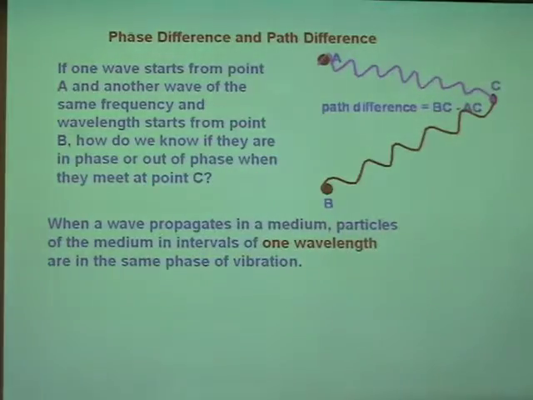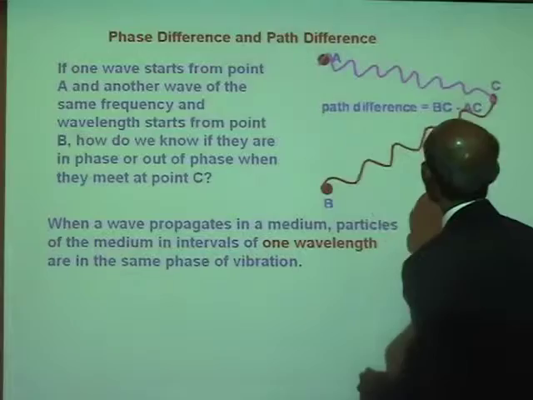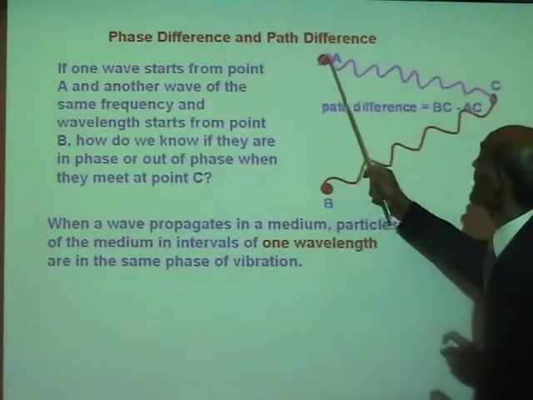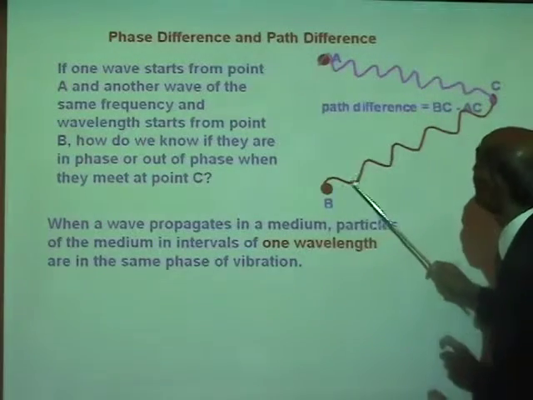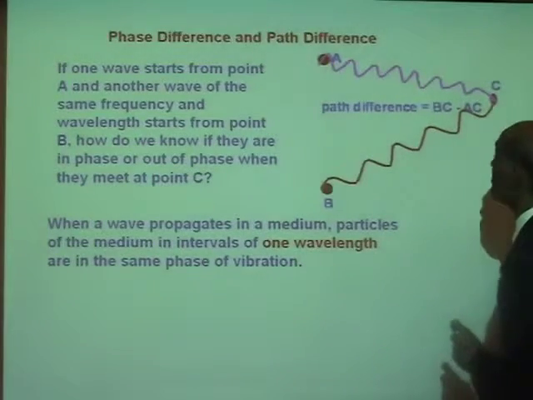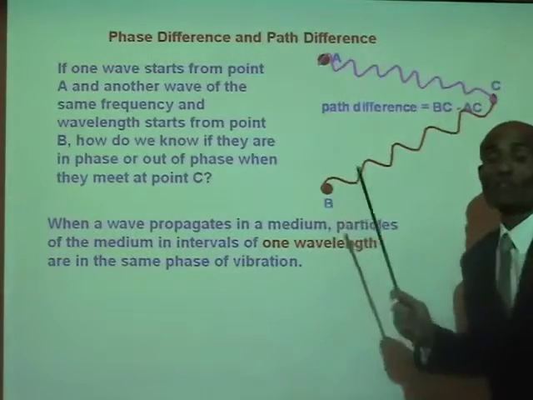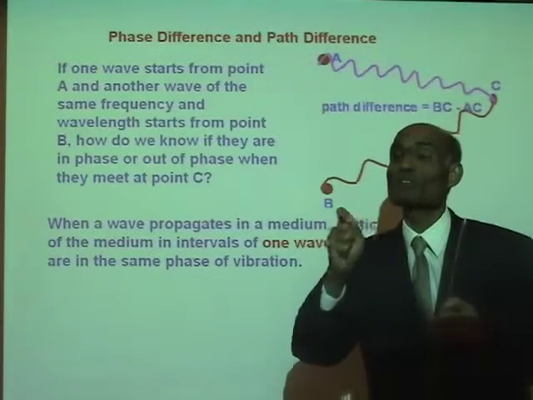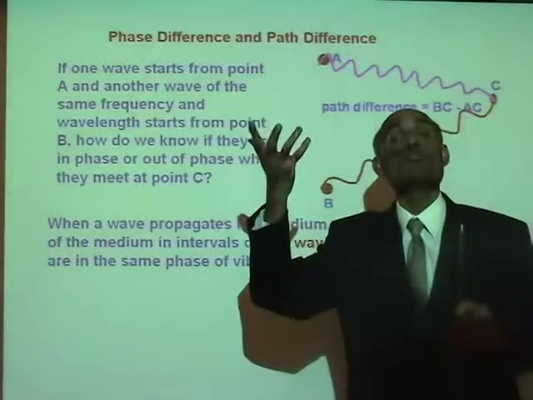So, if the difference between this distance is one wavelength, that means by the time the energy reaches here from A and the energy reaches here from B, they will be in phase because the difference is one wavelength. Difference is one wavelength means one complete vibration. You are now beginning a new vibration.